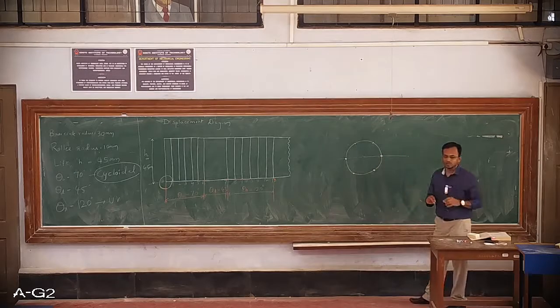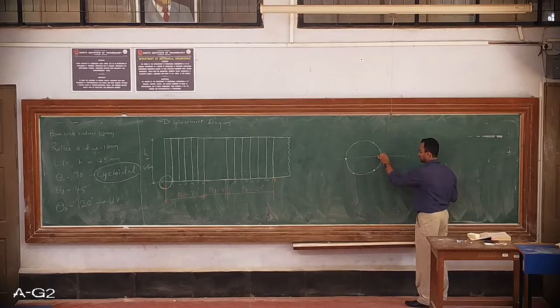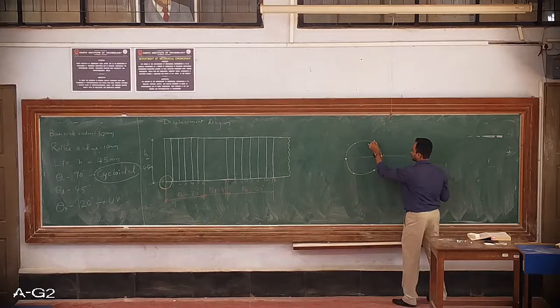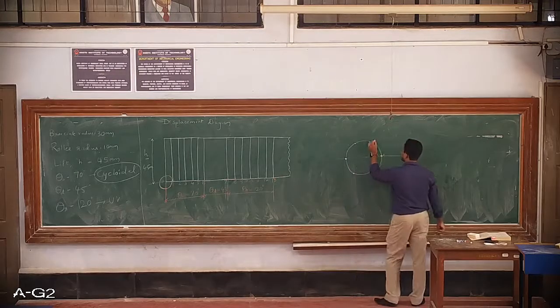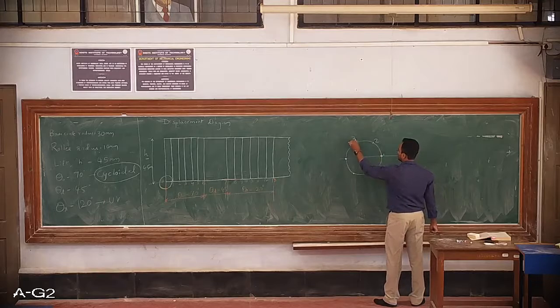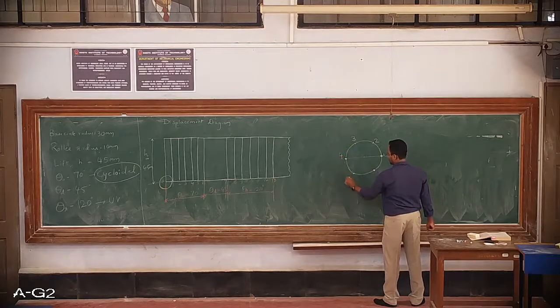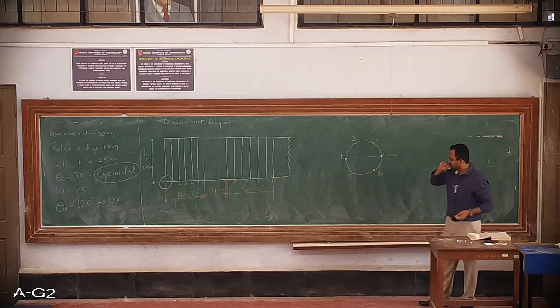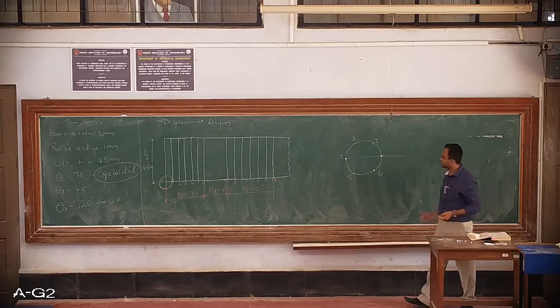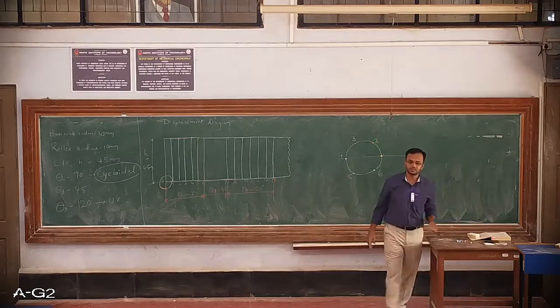So I'll just number them, starting from 1, 2, 3, 4, 5 and 6. Okay, this is how you are supposed to divide this circle.